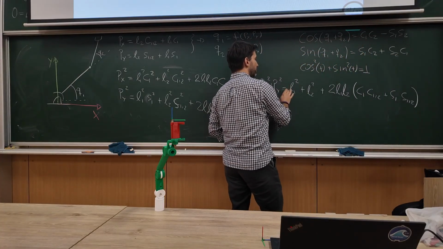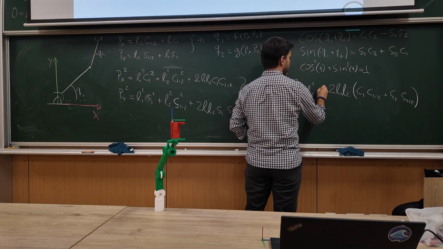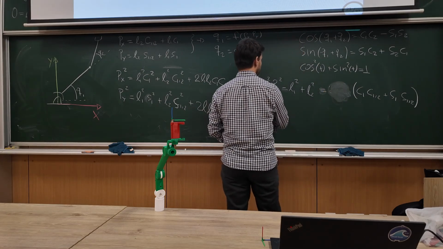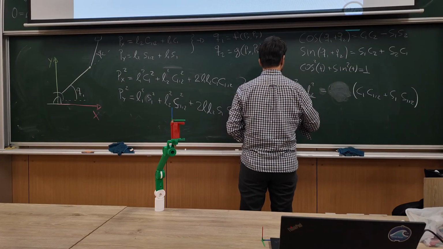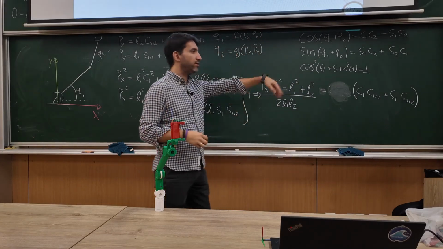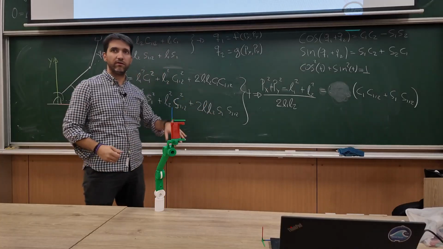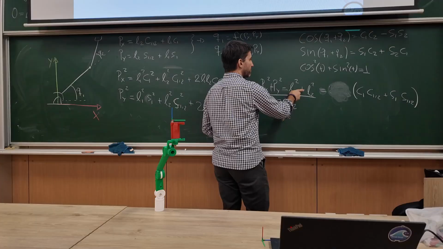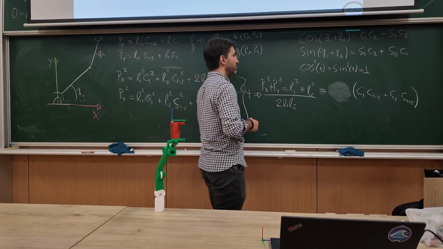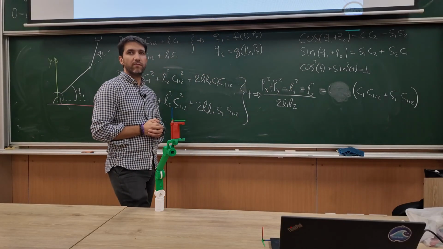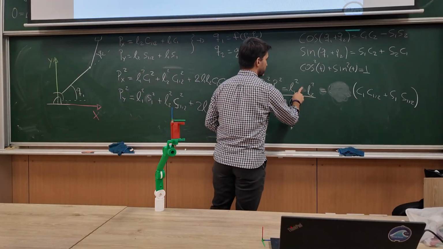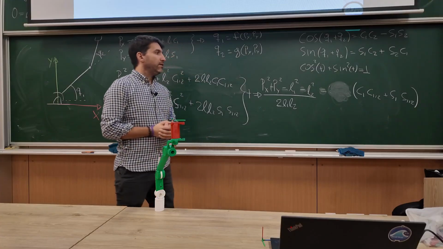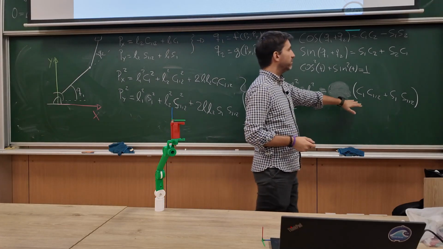This can go here. This can go under. So we have all the trigonometric stuff there and all the knowns here. It's minus because it got this way. What about this one?